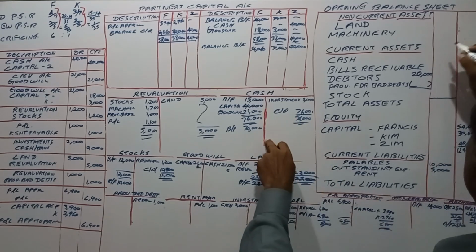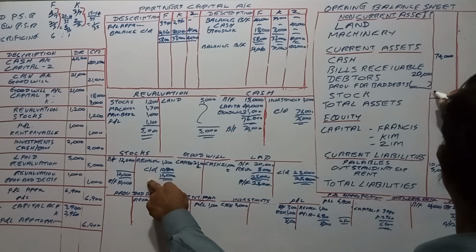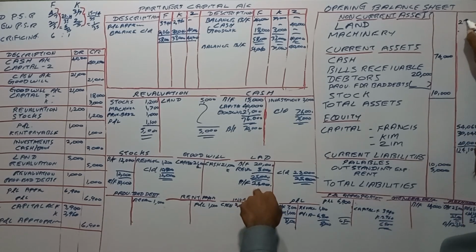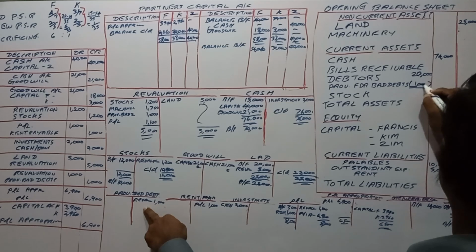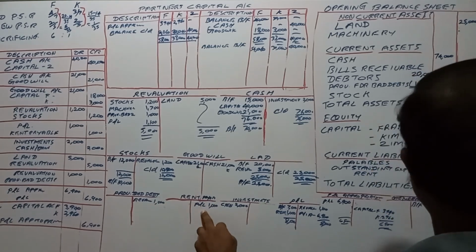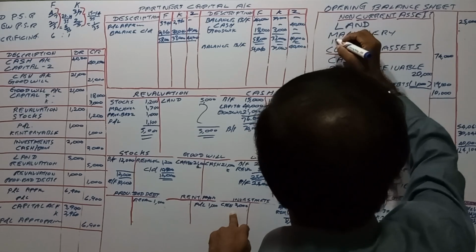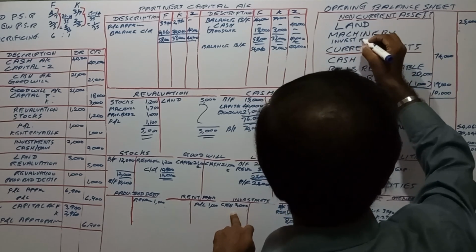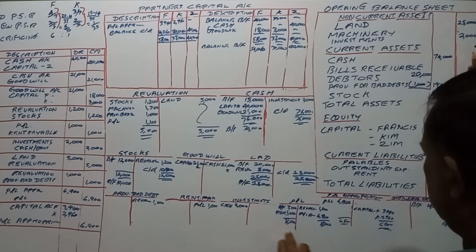Cash account 74,000, and stocks account 10,000, and goodwill finished, land 25,000, and provision for bad debts 1,000, then 19,000, rent 1,000, investments 2,000. Profit and loss finished.